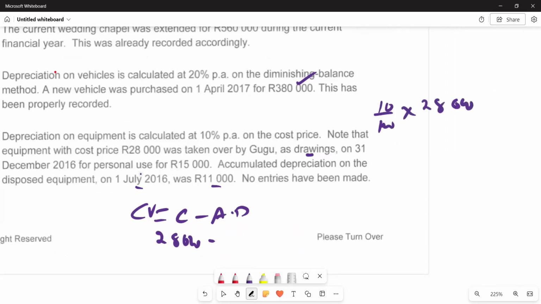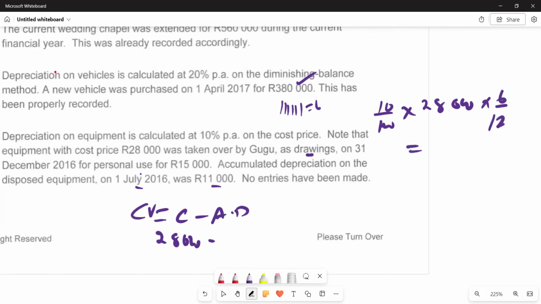And then we know that it was disposed on 31 December, and the year is ending at the end of June 2017. So we are saying January, February, March, April, May, June, whereby we have 1, 2, 3, 4, 5, 6. We have 6 months. So we multiply by 6/12.